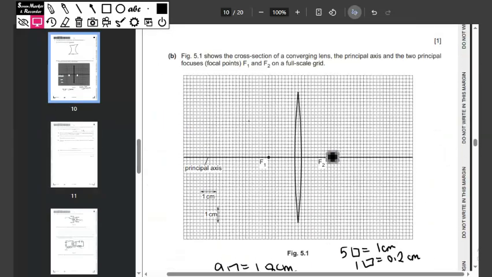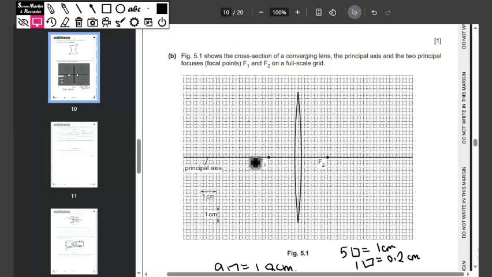So since it is 3 centimeter away from the center of the lens and each centimeter is represented by 5 boxes, we have to count 15 boxes from the center. 1, 2, 3, 4, 5, 6, 7, 8, 9, 10, 11, 12, 13, 14, 15.